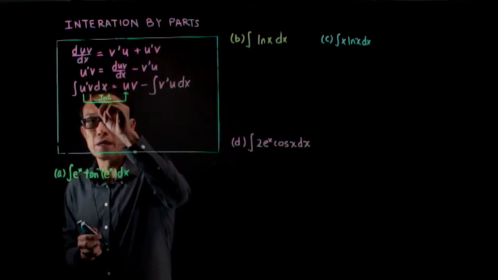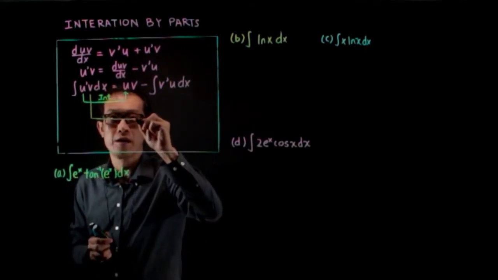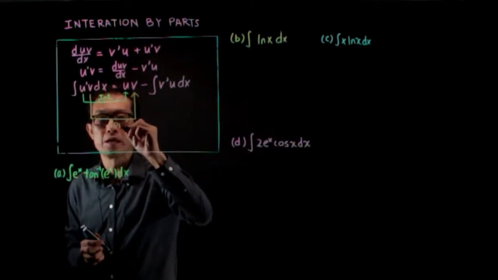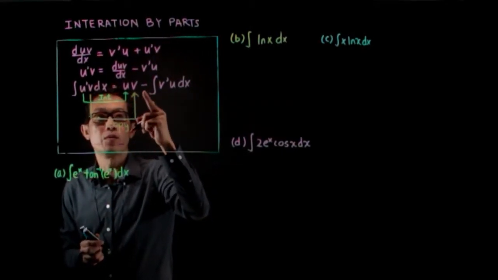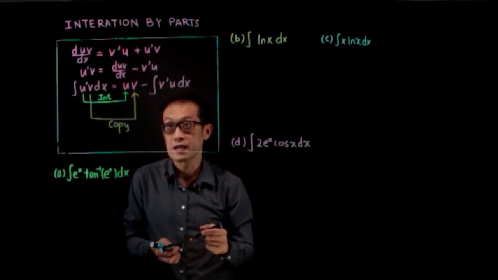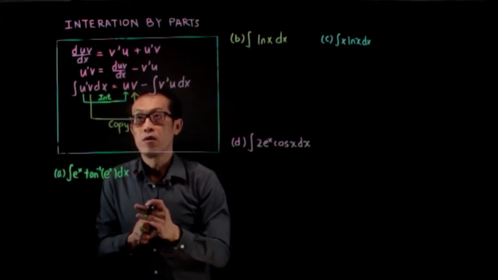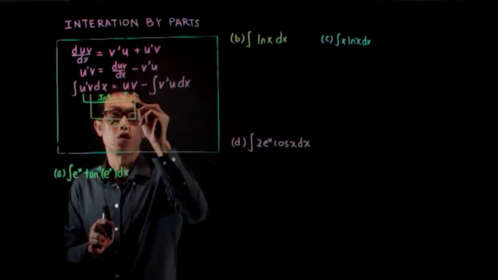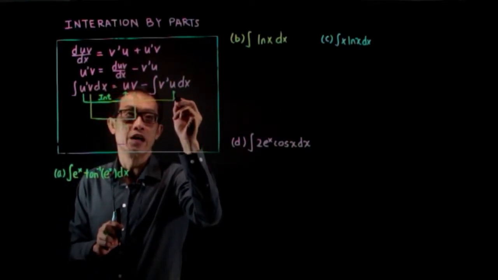This one you copy. Then followed by a negative and the integration sign. What you integrate here, you copy over here later on.